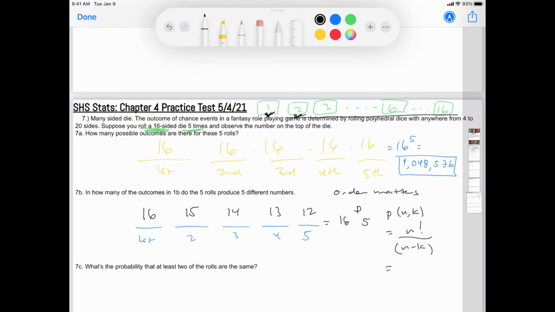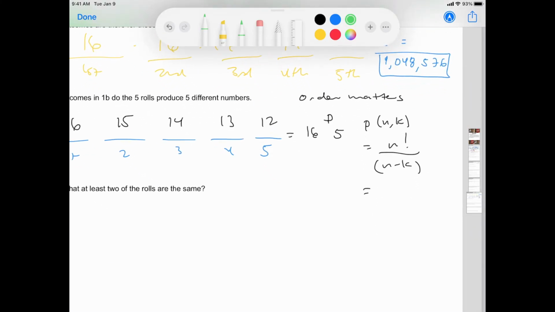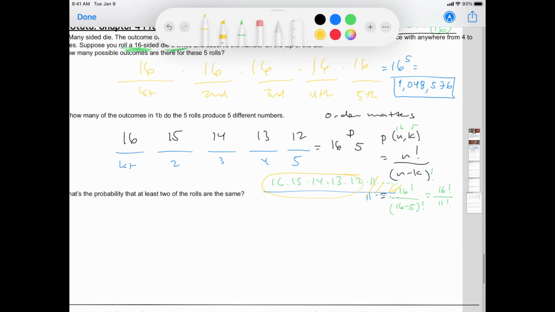And if you do that, you will get 16P5, so 16 factorial over 16 minus 5 factorial, which would be 16 factorial over 11 factorial. So 16 times 15 times 14 times 13 times 12 times 11 times dot dot dot, and then the denominator is 11, same thing, and then these will all cancel, so you're just left with this, which we already have over here.